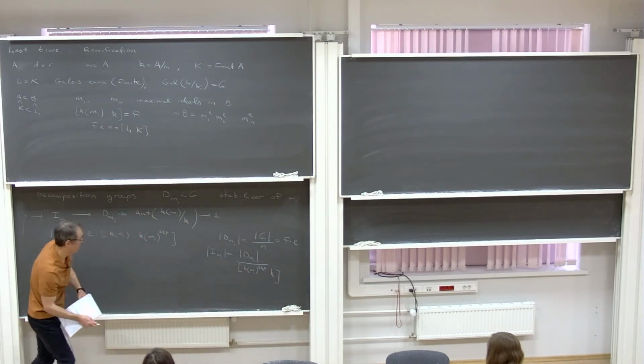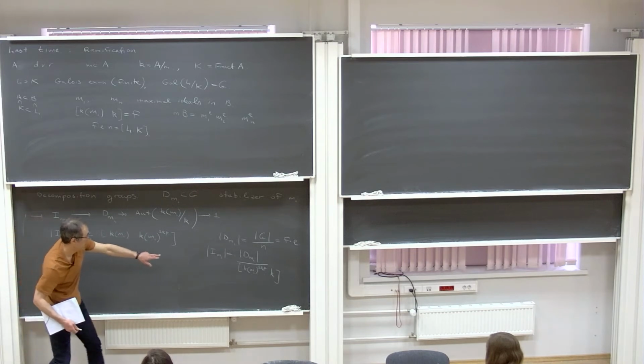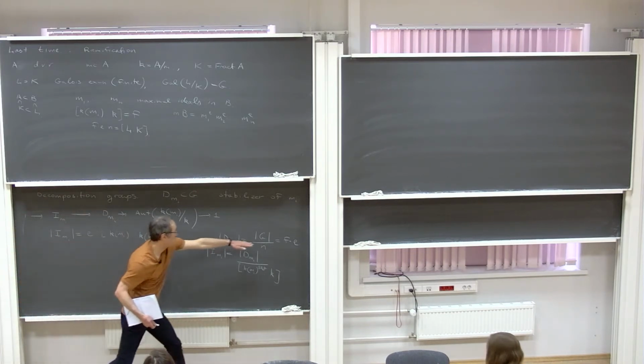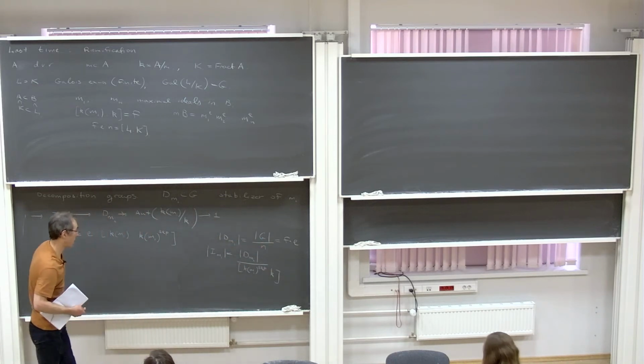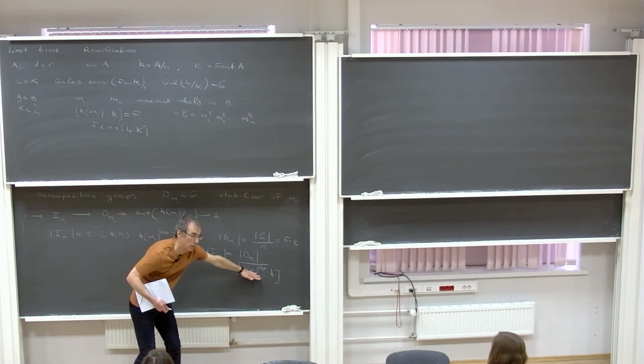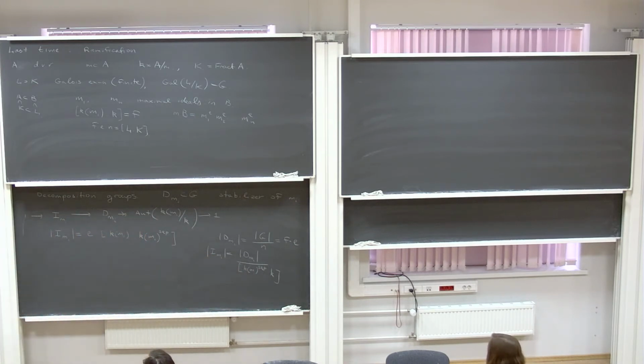And if you use this formula, if you substitute it here, you'll get the result, right? F is the product of this number and this number. So good.